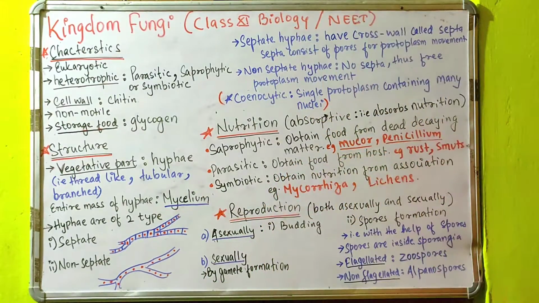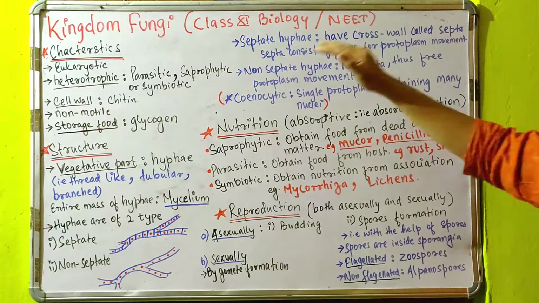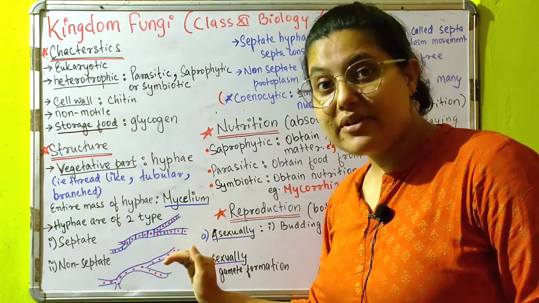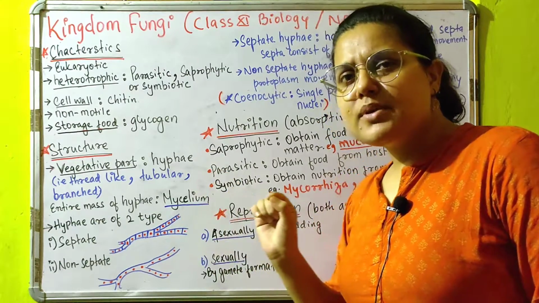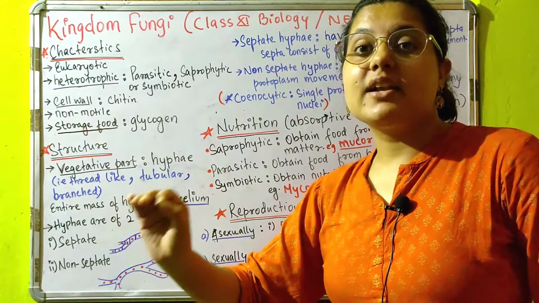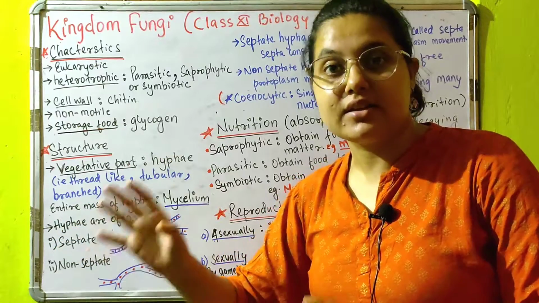Septate hyphae have cross-walled septa. Septa consist of pores for protoplasm movement. There is a membrane between the protoplasms, but there should be some kind of channel between the two protoplasms, so that there can be a supply of food, nutrients, water, and everything.